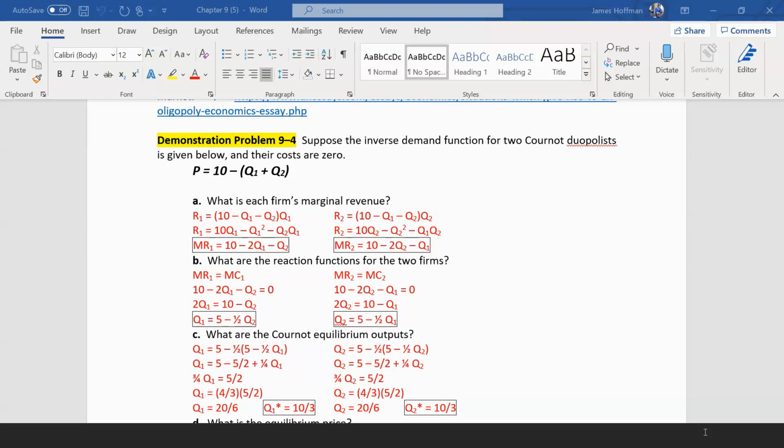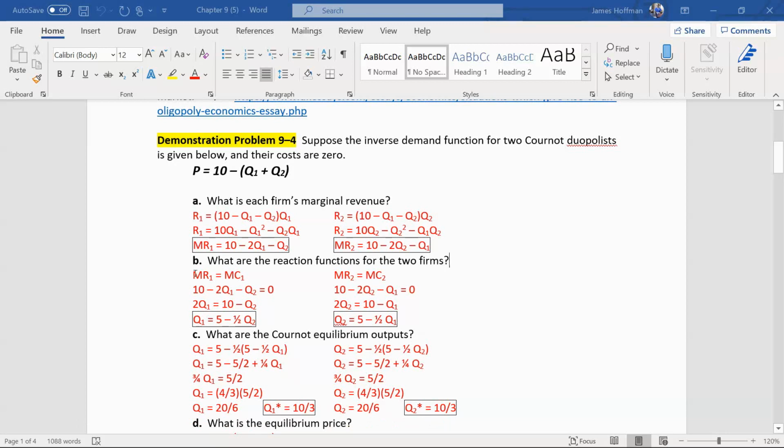All right, so here we go. Let's start with firm 1. MR1 equals MC1. That's firm 1's profit maximizing condition. You just calculated MR1, 10 minus 2Q1 minus Q2. And this is a simplified example in which there's no cost.